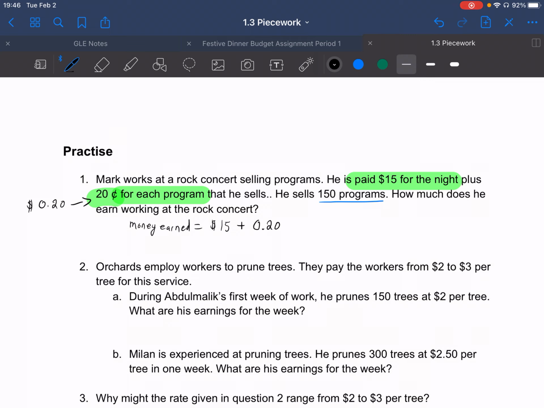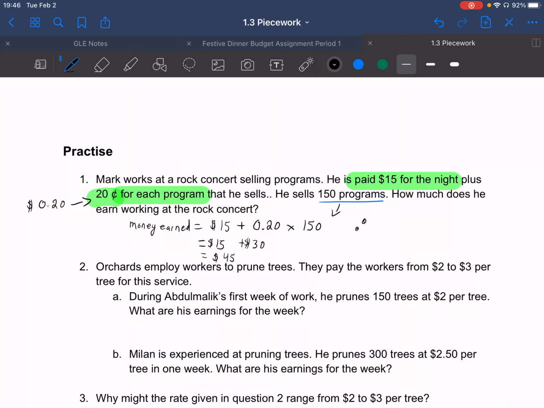So that's $0.2 times by how many programs he sold, which is coming from here. Okay, that's 150. So what is 0.2 times by 150? Let's ask our calculator. If we type that in, we're going to get $30. Okay. Now our next step is adding this together, which is going to give us $45.